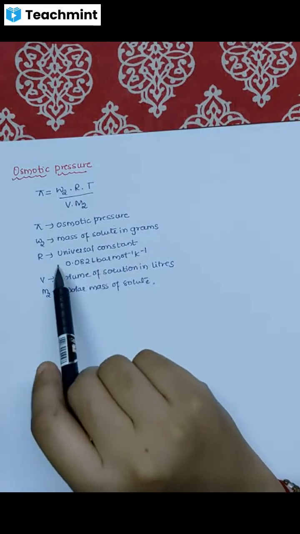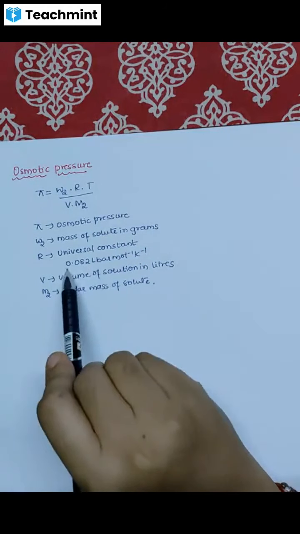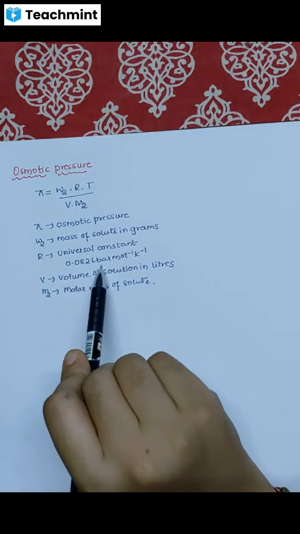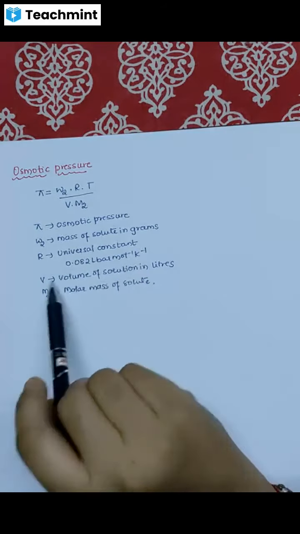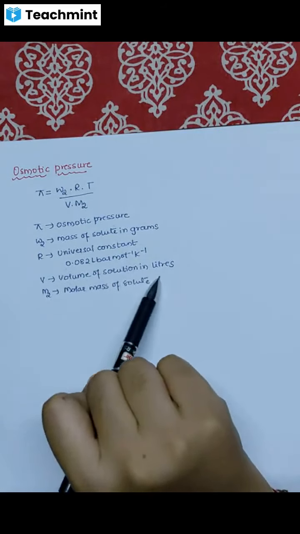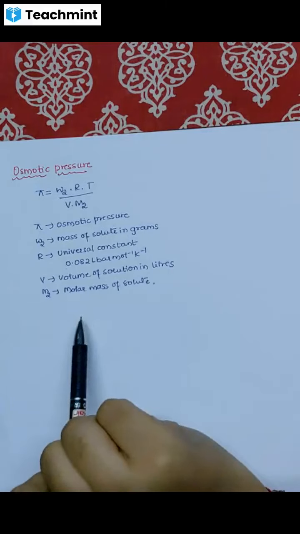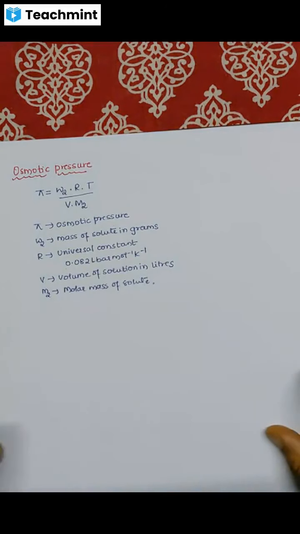If the value is given, you take that value. If it is not given, you should know its value is 0.082 liter bar per mole per Kelvin. V is the volume of solution in liter and M2 is the molar mass of solute. So we'll solve the problems on this.